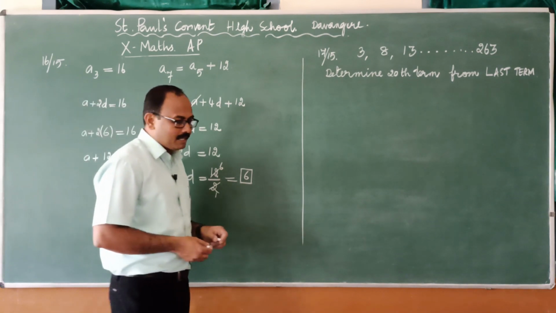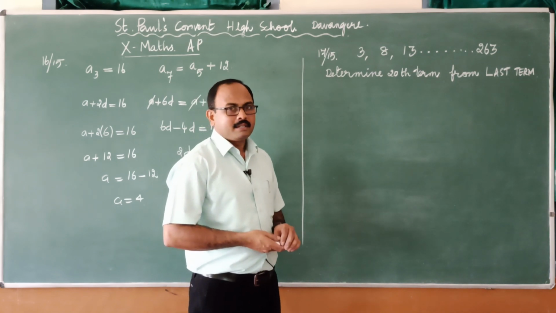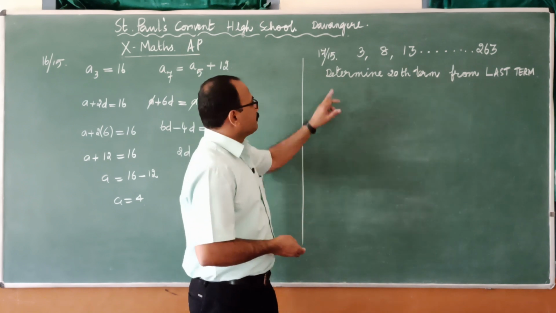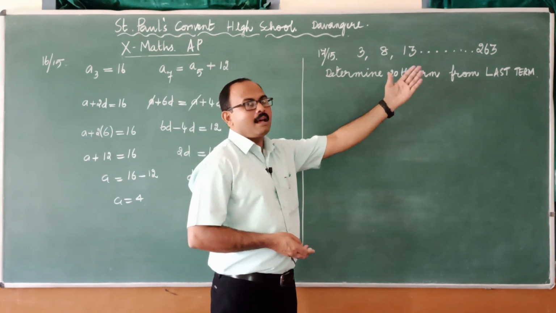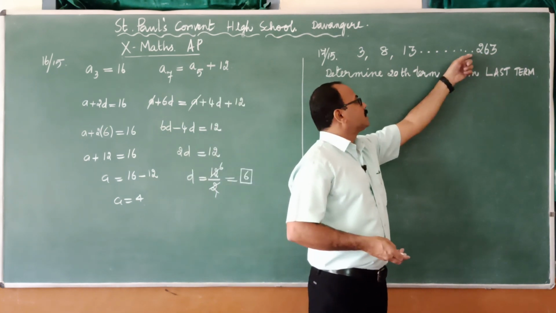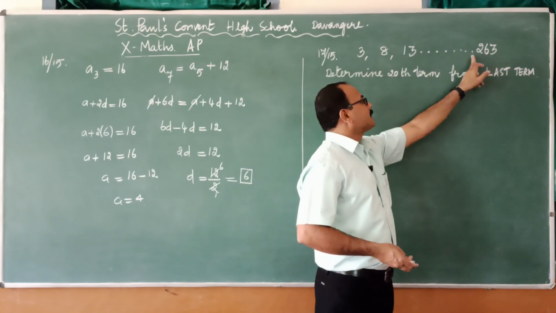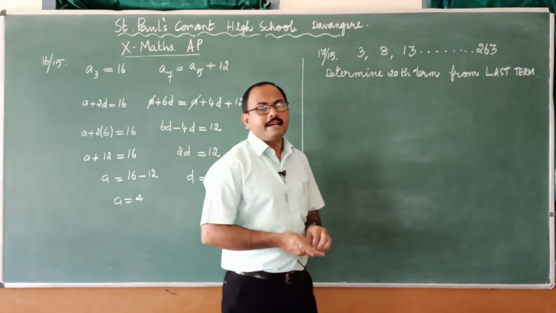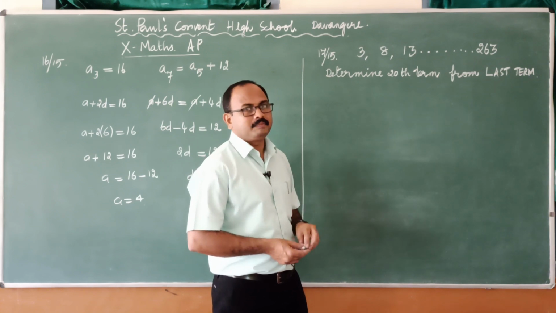The next one, the 17th. There is an AP. The question is a little different, children. Find out the 20th term from the last term itself. From the last term, if this is the last term, then likewise you have to come back. This will become the first term, second, third, fourth, fifth, likewise the 20th term. Find out the 20th term from the last term.